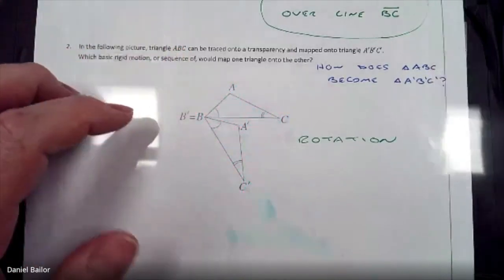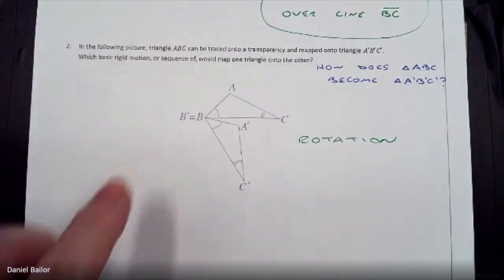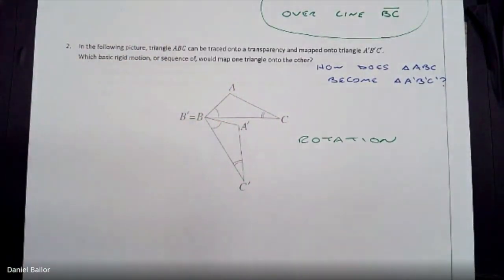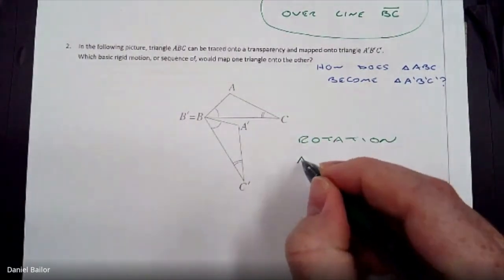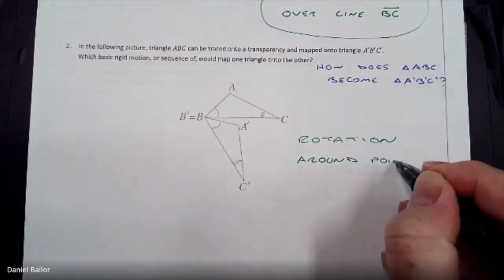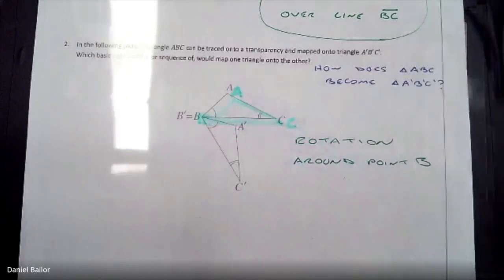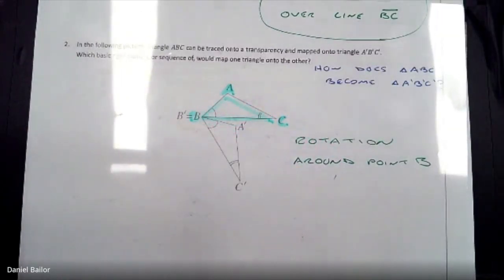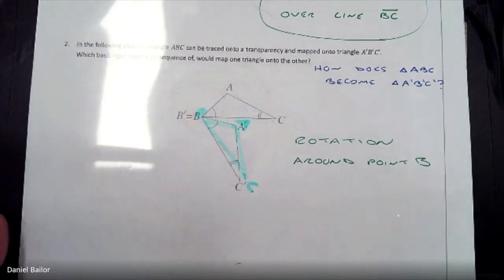A moves from there, goes here. C moves, but B does not move. So because B does not move, we say it's a rotation around point B, because B is the center of the rotation. B is the spot that does not move, so that is the rule.